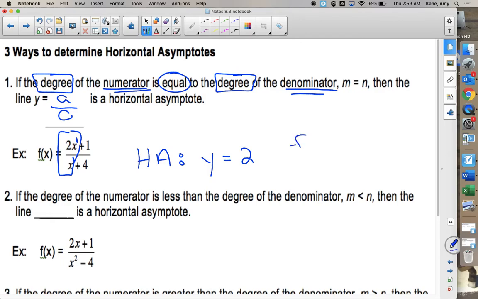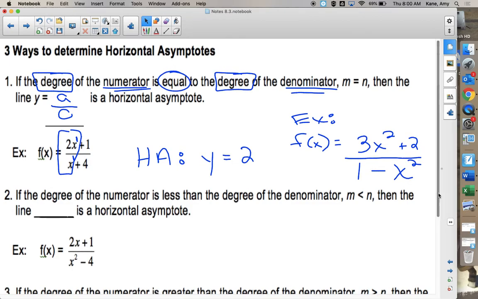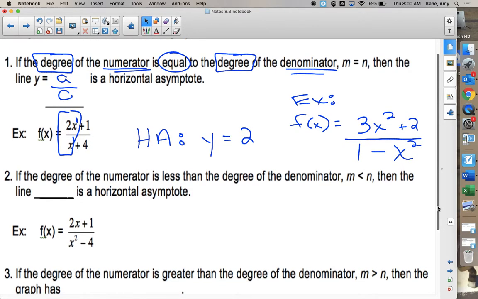So if I had a different function, just a second example, let's say we had (3x squared plus 2) over (1 minus x squared). The degree of the top is equal to the degree of the bottom. So they are the same. That's that m equals n.